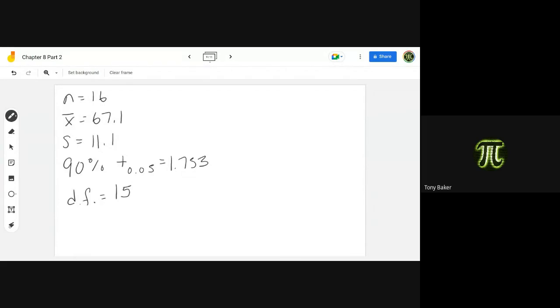Okay, so this is what I have. So we can go back to Desmos and plug these numbers in, do my calculation.